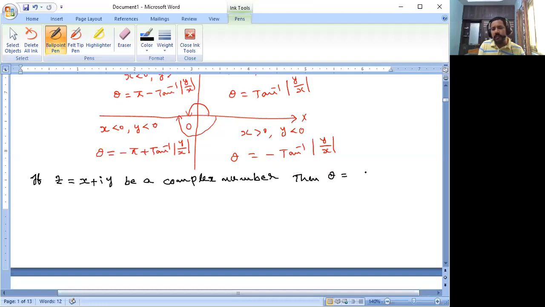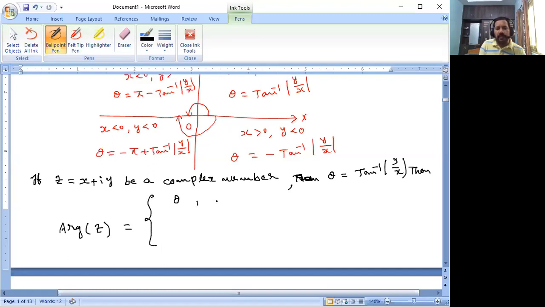Theta is tan inverse y by x, that is mod y by x. Z is the complex number and theta. Then now how to find argument of z? See, argument of z, we already wrote in the coordinate system. Now I am writing argument of z is equal to theta.